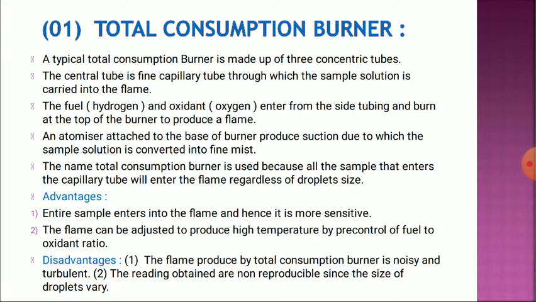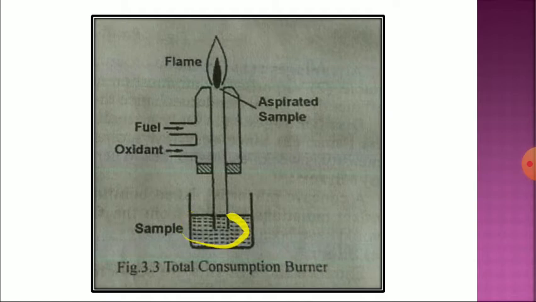That means the entire sample solution present in this beaker will be totally sucked out or aspirated to the top of this flame. That means the entire sample will be used in the flame. That's why this burner is called the total consumption burner, total consumption of the sample solution.